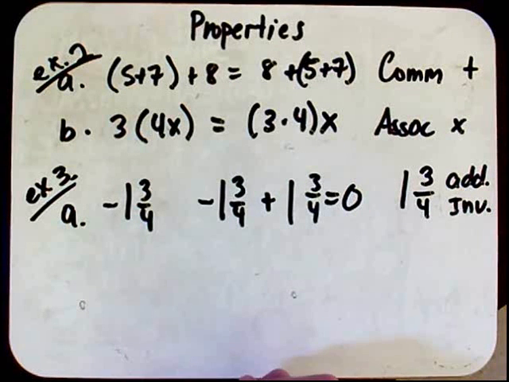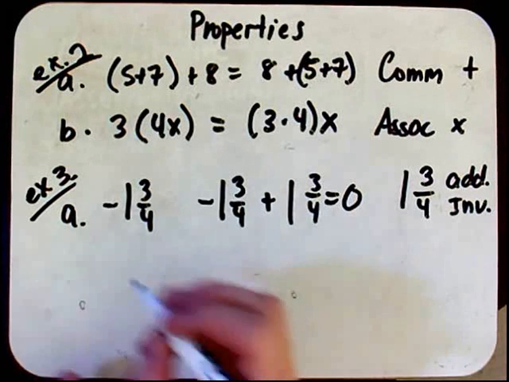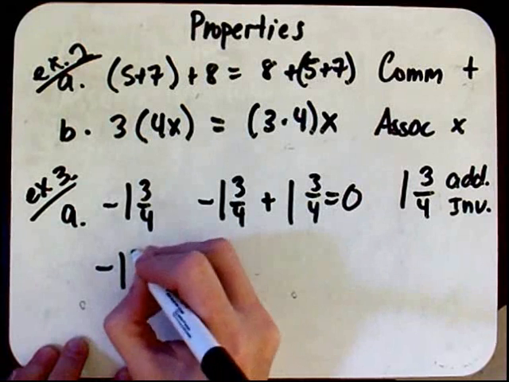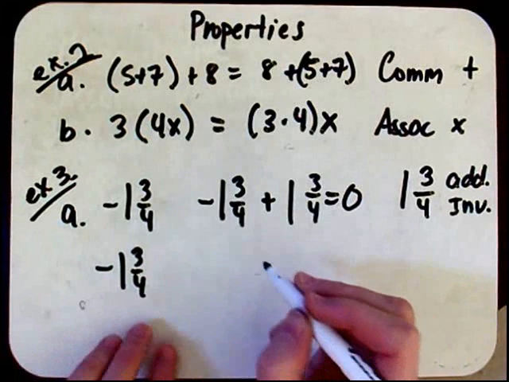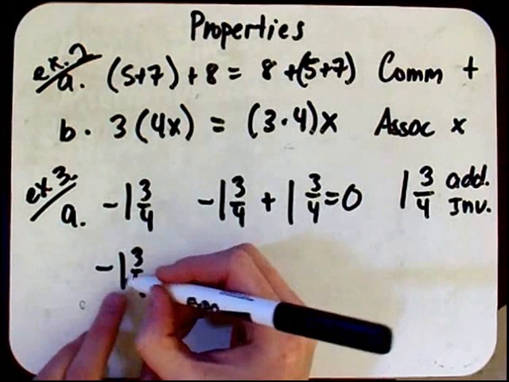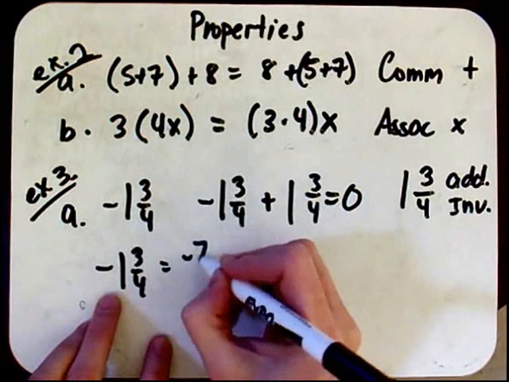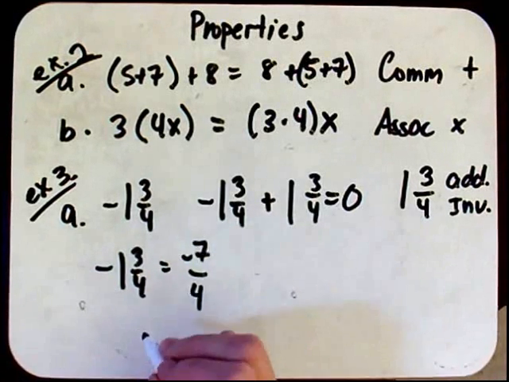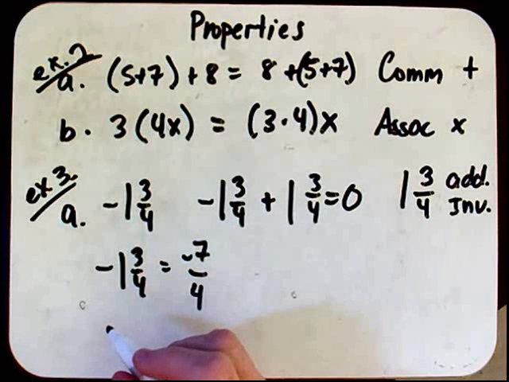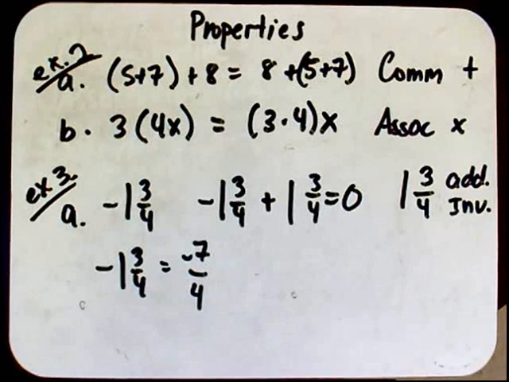Okay. Now, what about the multiplicative inverse? So if we have negative 1 and 3/4, let's turn that into an improper fraction. Take our denominator 4, times it by our whole number, add the numerator. So we get negative 7/4. So the multiplicative inverse would be what we need to multiply it by to equal 1. So we flip this over and make our denominator our numerator, and that's our inverse.